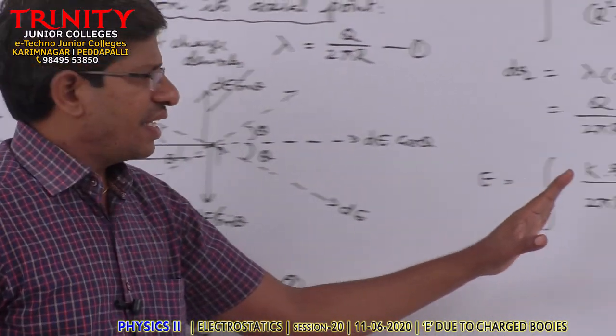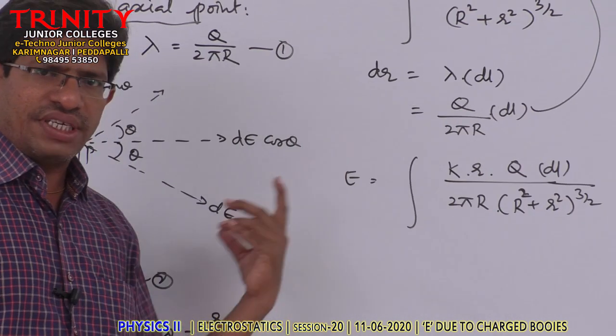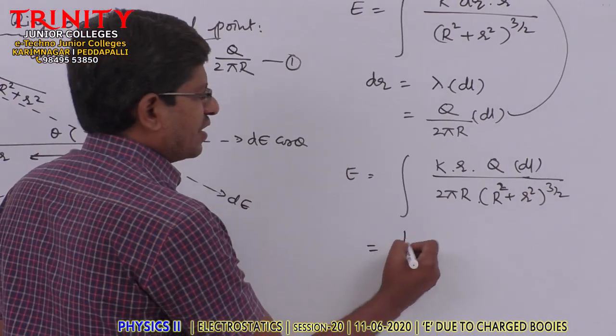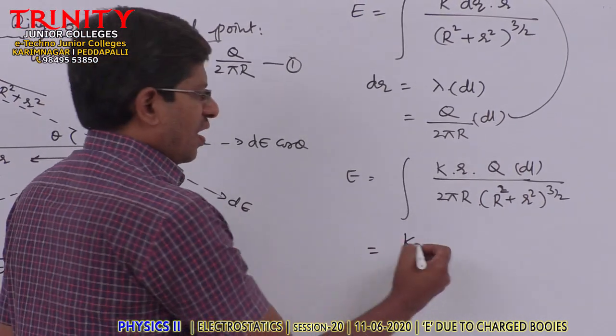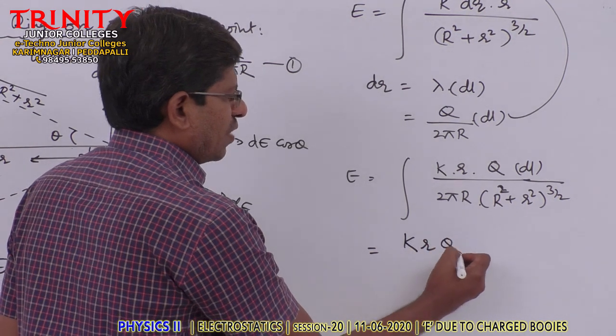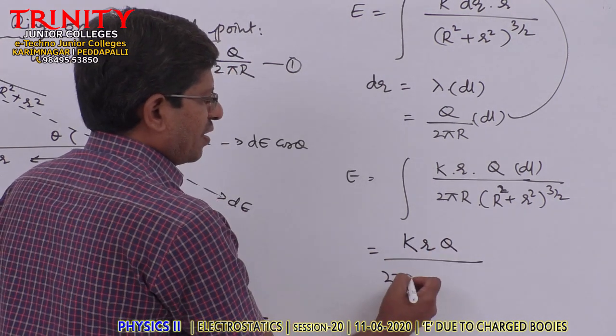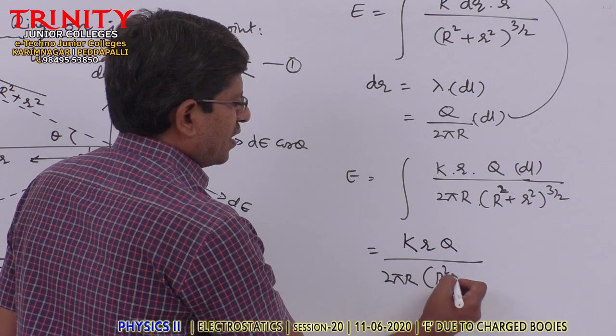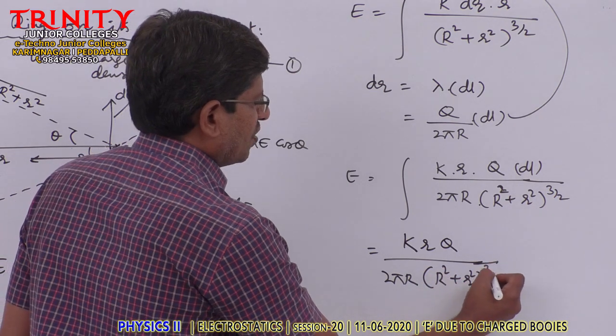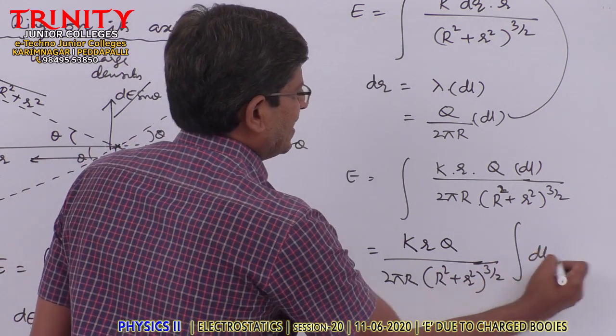So take away those constants out of the integration. I am taking out k, r, q. 2 pi r is a constant, r square plus r square to the power of 3 by 2 is also a constant. I have to integrate dl.